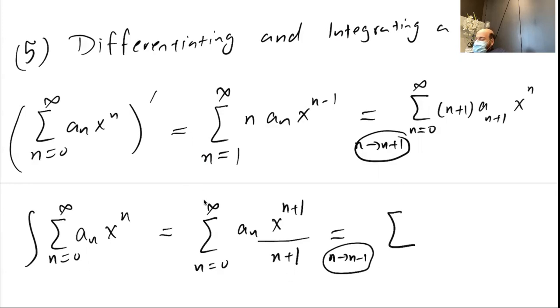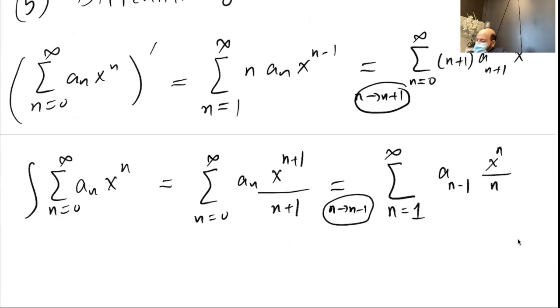So instead of 0 to infinity, I'm going to have 1 to infinity, and this will be a_(n minus 1) x to the power n over n, since n minus 1 plus 1 is n in both places. So this is how you integrate a power series.